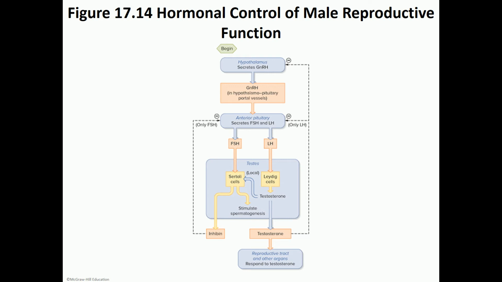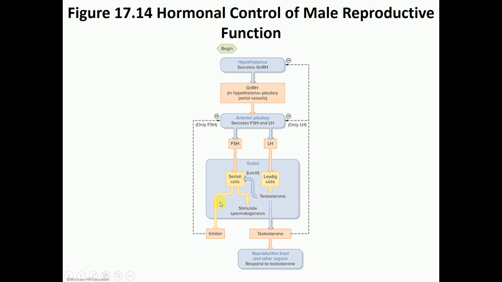So Sertoli cells themselves do not become sperms, but they are supportive cells to the whole process. Okay, so Sertoli cells are going to eventually make paracrine hormones to stimulate spermatogenesis.